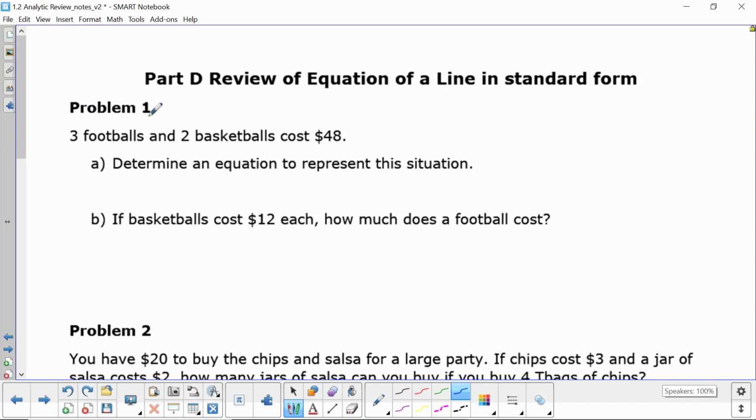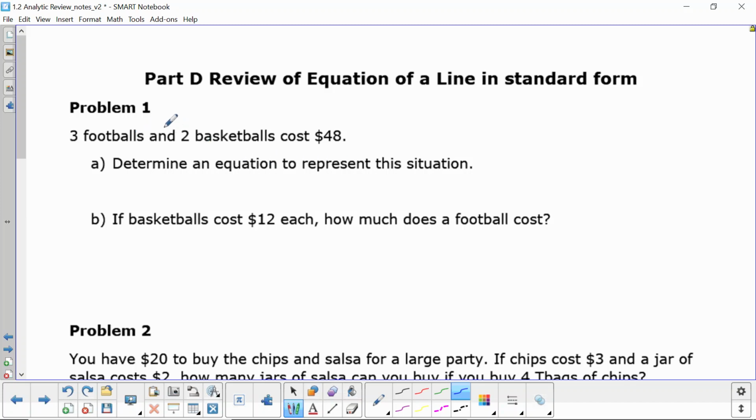So problem 1 is 2 footballs and 2 basketballs cost $48. It asks you to determine an equation to represent this situation. What it means is you translate a sentence in English into an equation in mathematics.